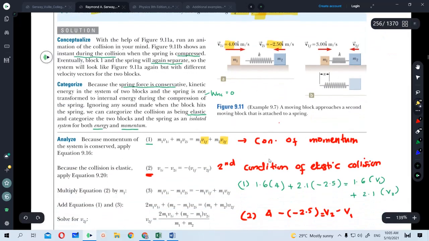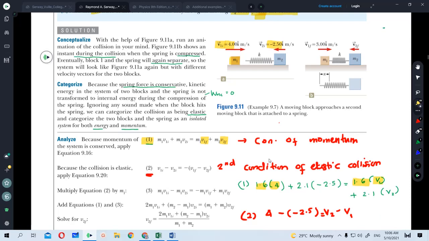So conservation of momentum is the first expression that you're going to use. This is how you substitute into the expression. Corresponding to the speed, what is the speed initially? This mass is 1.6, so its velocity is 4, and after the collision its velocity is V1, an unknown.